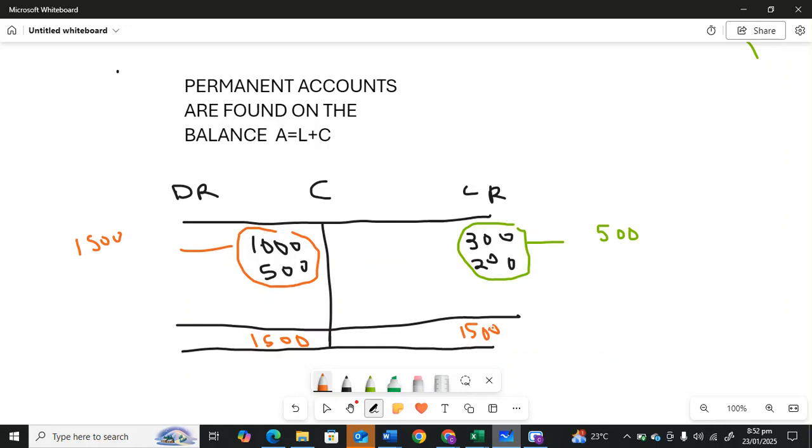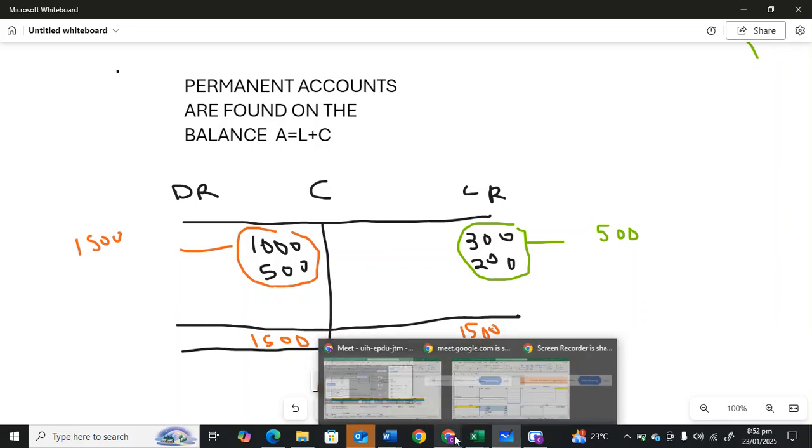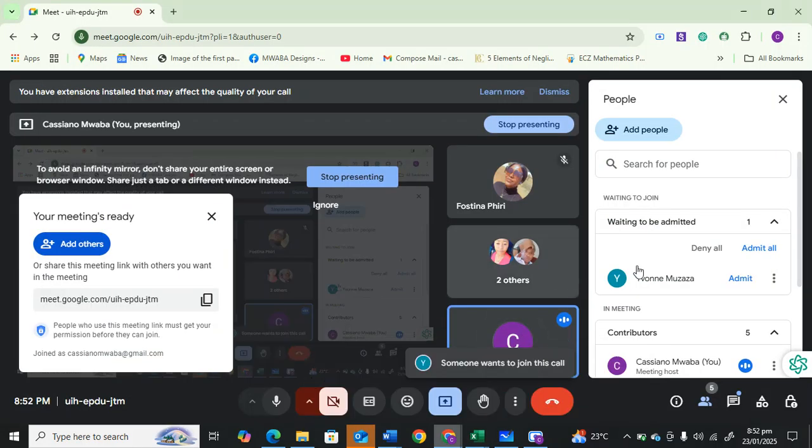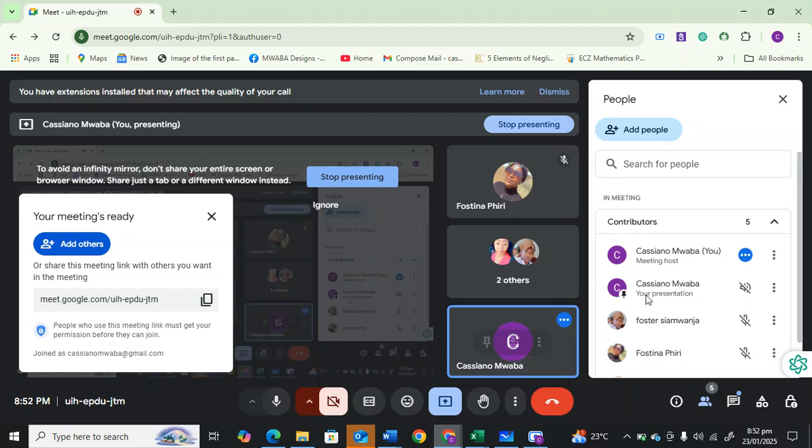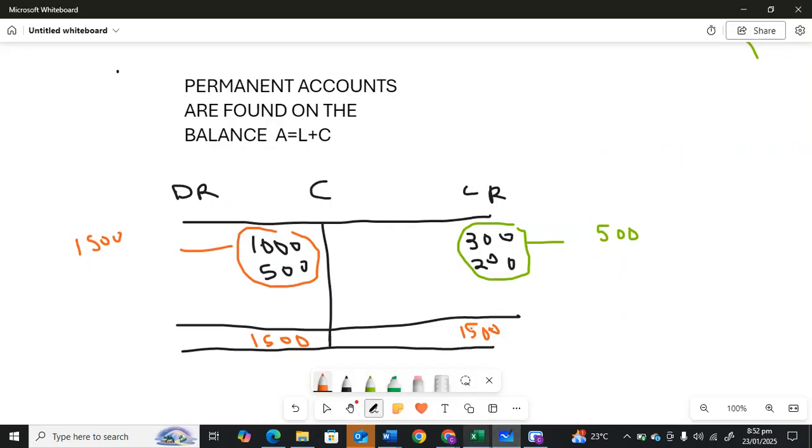Okay, so here we're going to subtract the total of the debit minus the total of the credit. It depends which side is higher. If it's the credit side that's higher, then you subtract the total of the credit minus the total of the debit. But in this case, the debit side is higher. So we subtract debit minus credit.